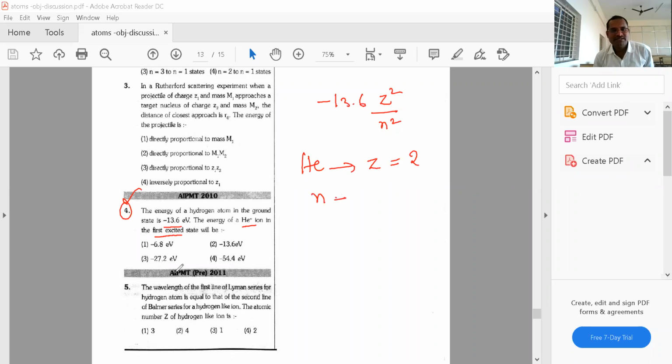Because they are saying first excited state, n is equal to 2. Substitute here: minus 13.6 into 2 square by 2 square. The 2 square cancels. We get minus 13.6 electron volt only. Are you understanding? Second option. Good.